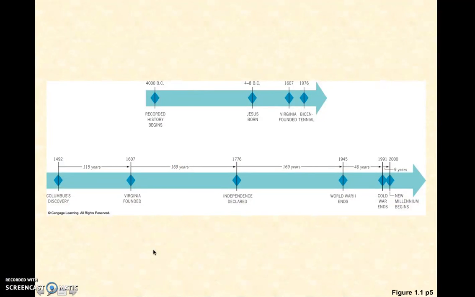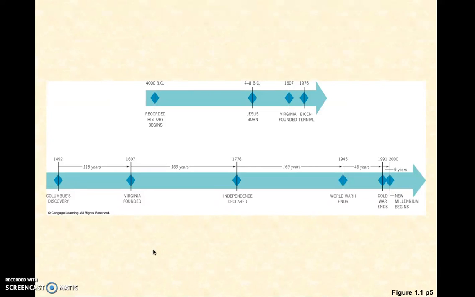So what these timelines show you is American history is relatively small compared to all of history. Recorded history begins about 4000 BC. Jesus was born between 4 and 8 BC, and then the first successful English colony in Virginia is 1607 AD. And then when you look at a wider range of American history from Columbus to the year 2000, it looks like a longer timeline, but it's actually significantly smaller in the amount of years.